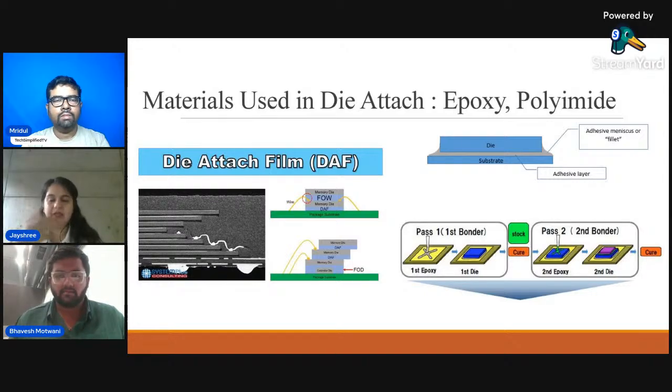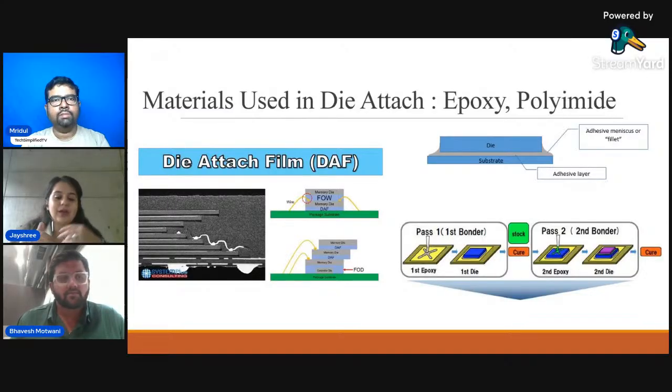Then limitations. Obviously, if a product has all the advantages, there must be some limitations. The first limitation is higher cost, and it's more difficult to process than epoxy, as it has a complex structure.